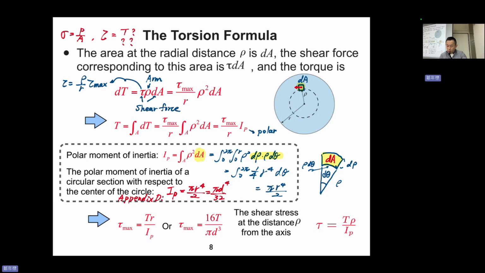And then during the proof, we noticed that we need to introduce one new terminology called moment of inertia. Moment of inertia has several meanings. One important concept is how difficult it is for that section to rotate about either a point or an axis.